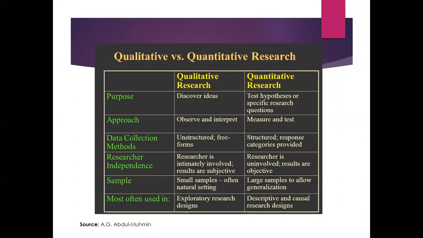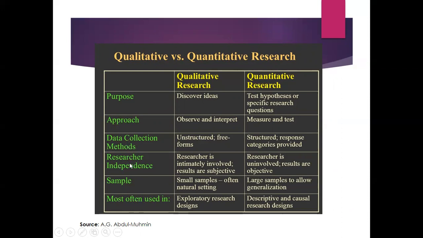Okay, so here we have a nice summary. I'm not going to go through everything in detail, but I'm just going to highlight the important points. So we can compare qualitative and quantitative research according to these parameters here. They each have a different purpose, approach, and methods.